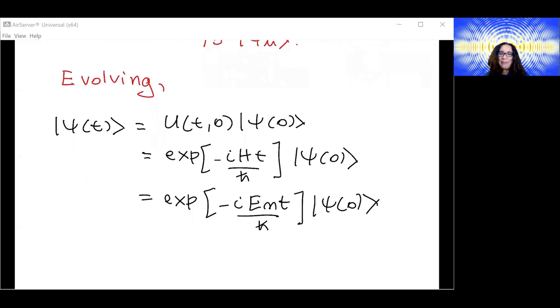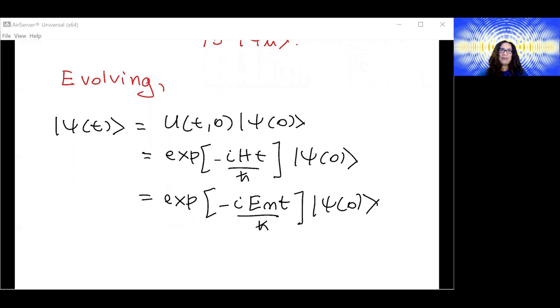So you see what is happening here. This is just a phase. Some people say, oh, you're doing something, this is just a phase. But in this case, this time evolution operator, because you start from an eigenstate, is just a phase.